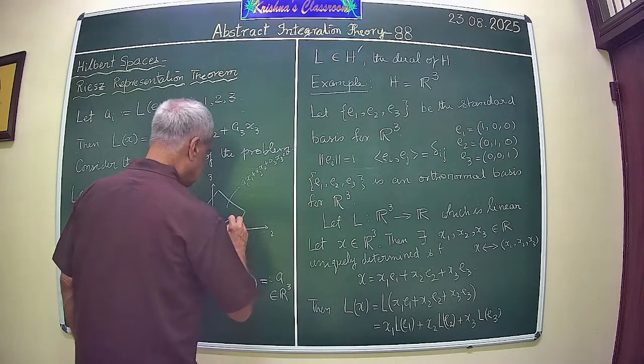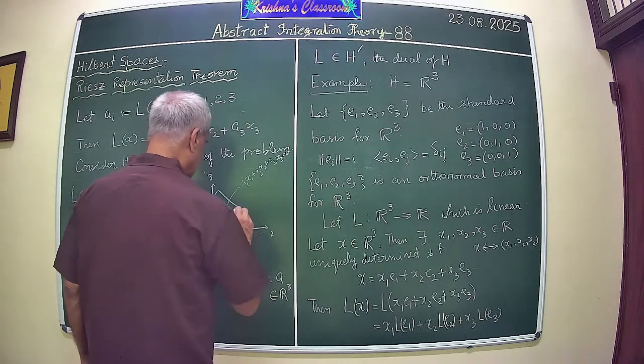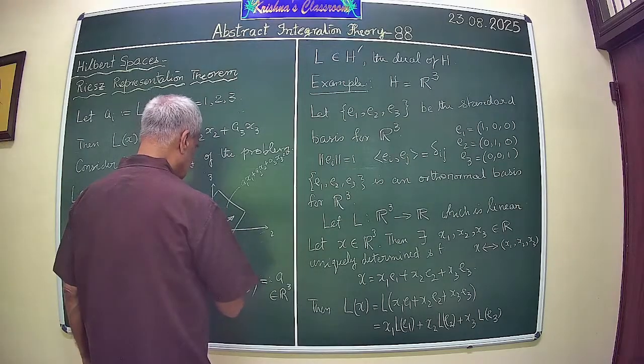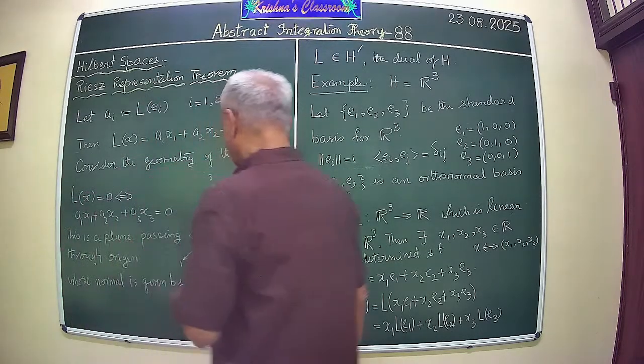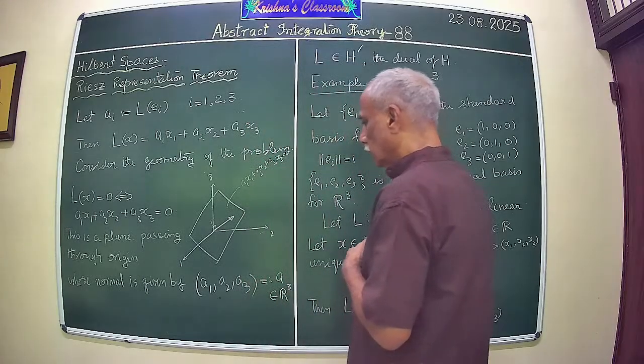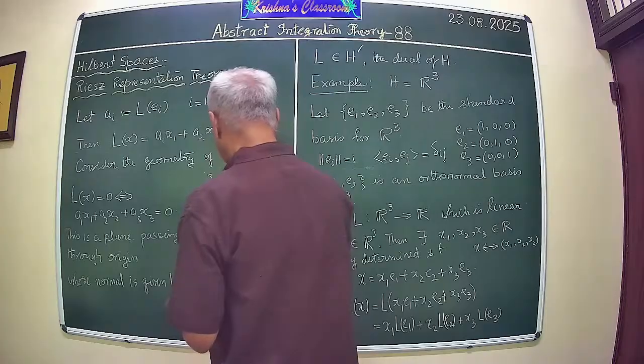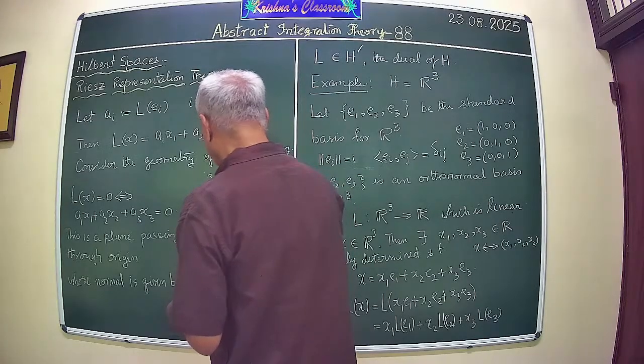Normal is given the direction. This has the property that it is, right, so this is a line in the plane. So this is orthogonal.